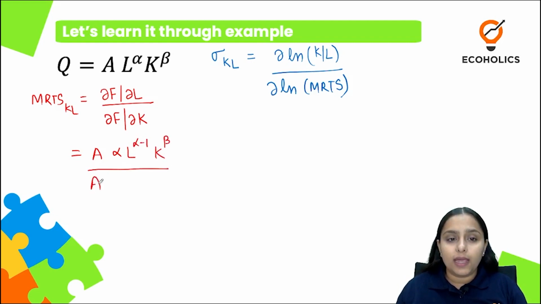Then it would be A, beta, L raised to the power alpha, K raised to beta minus 1. So this is the partial derivative with respect to L and this is the partial derivative with respect to K.